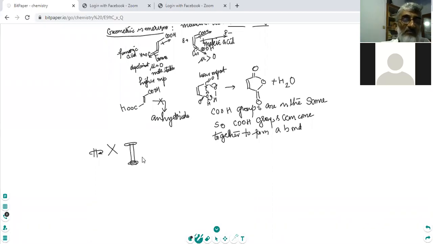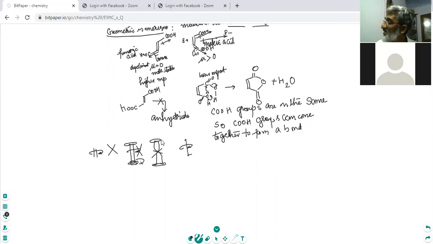If you rotate only one of them, you will get something like this, and if you keep on rotating, it will break. So rotation around the double bond is not allowed. But if you have a single bond, you can rotate it, which we have seen before. That is why these compounds show geometric isomerism.